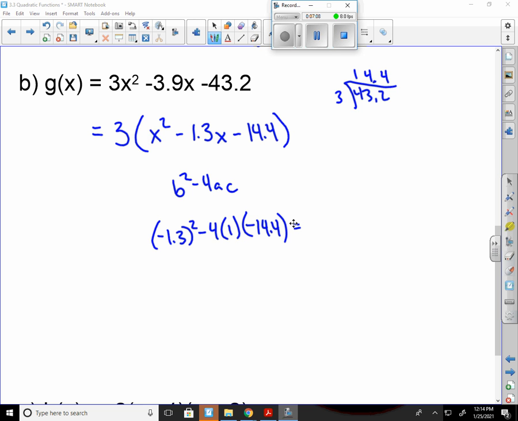And then it's going to be plus 4 times 14.4. The reason it's going to be a plus is because negative 4 times negative 14.4 makes that a positive.